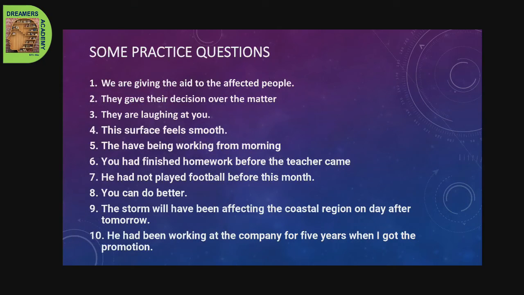So here is some practice questions for you, but keep in mind the main two things. When there is verb with ing in the active voice, you should take being in the passive voice, and the verb in the passive voice is always in the third form.